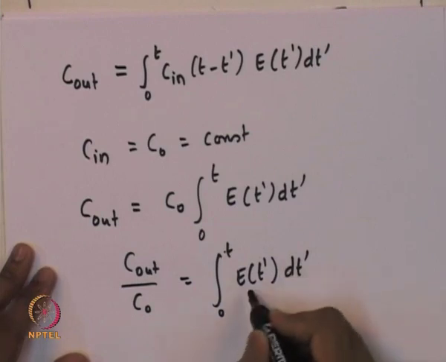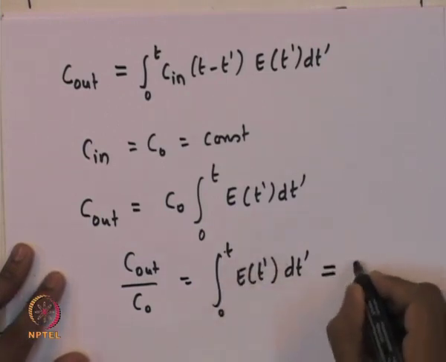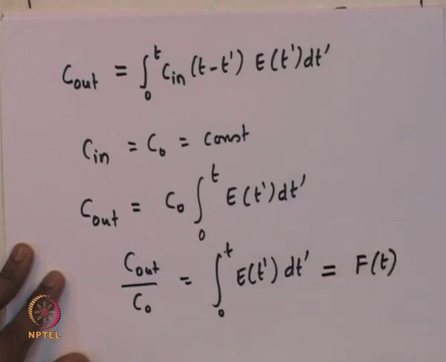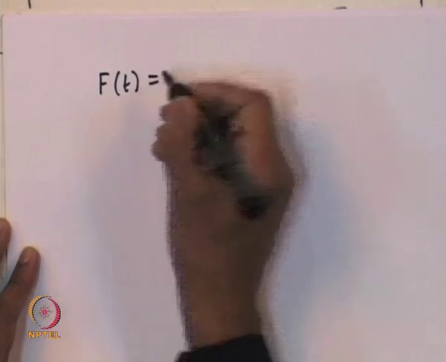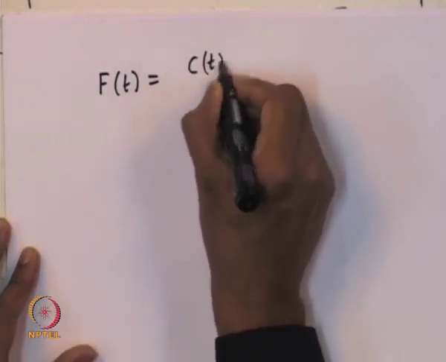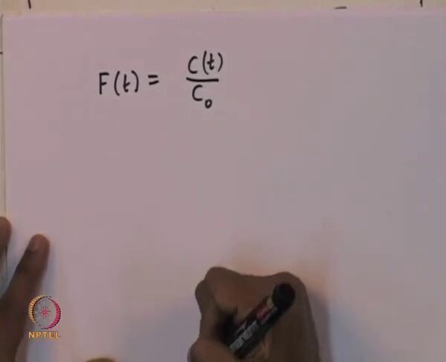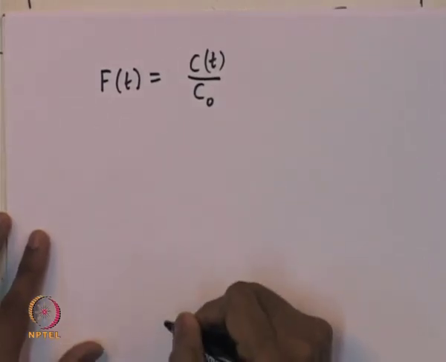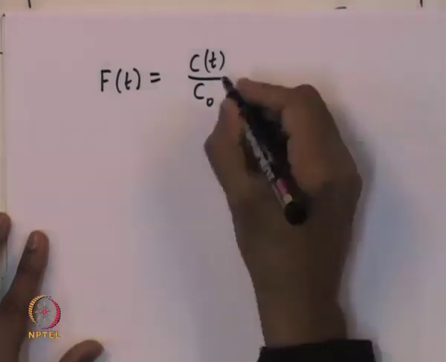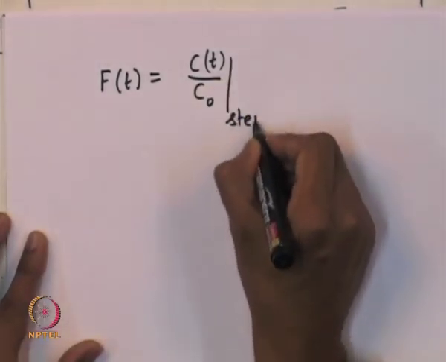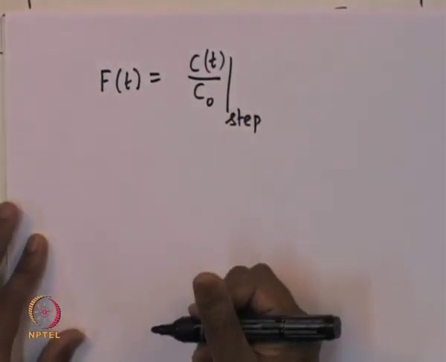over the E curve, or the RTD function, is what is called the cumulative distribution function F of t. So, F of t is essentially the concentration of the tracer in the output divided by the concentration of the tracer which is maintained in the feed stream, and this is for the step input method.